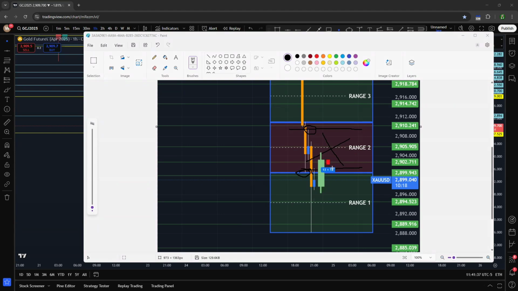You create a resistance, which will force you to move up from a support, which is good. When you create a range two within a range two, it increases the probability of your trade working out as you break up here, because now you've attempted to come down, you've failed, and typically that will result in a drive up off a support.